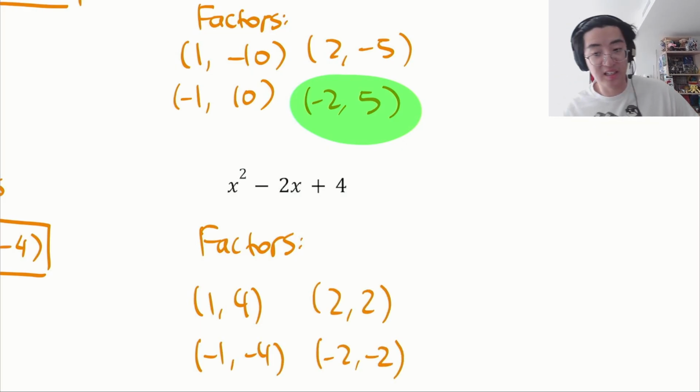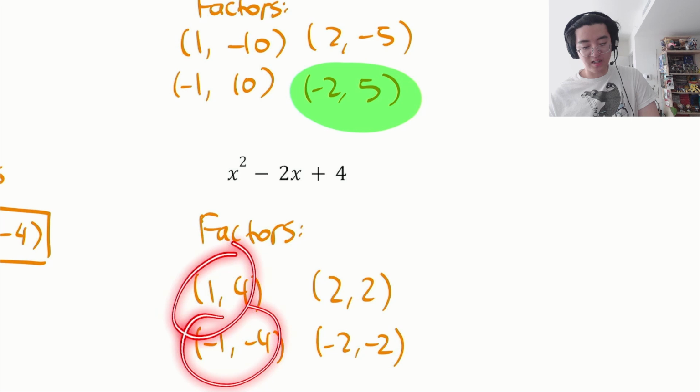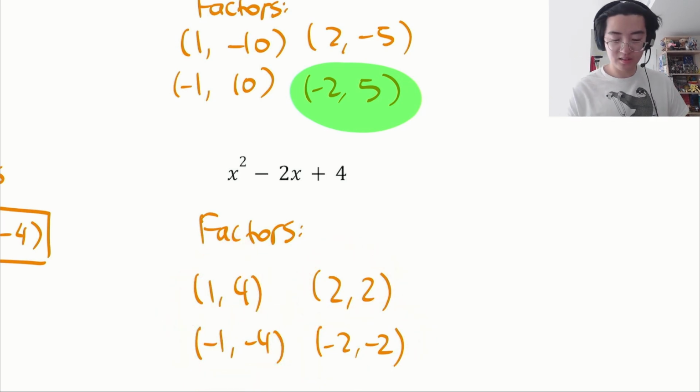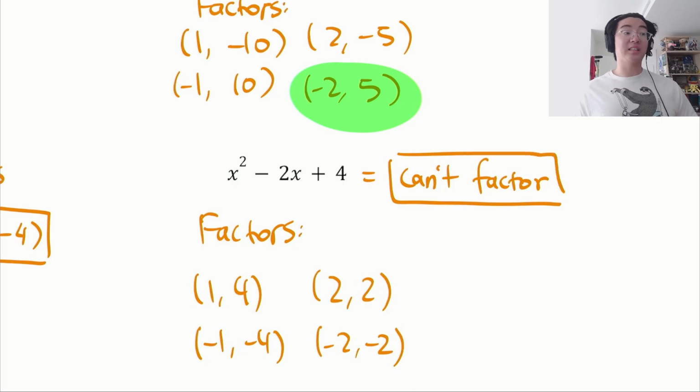Right, but we notice here that none of them actually add up to -2. Right, got 5, -5, 4, and -4, right? When we add them up, none of it is -2. So this is it. Right, so we cannot factor anymore. This is as factored as it can be. Right, sometimes it does happen.